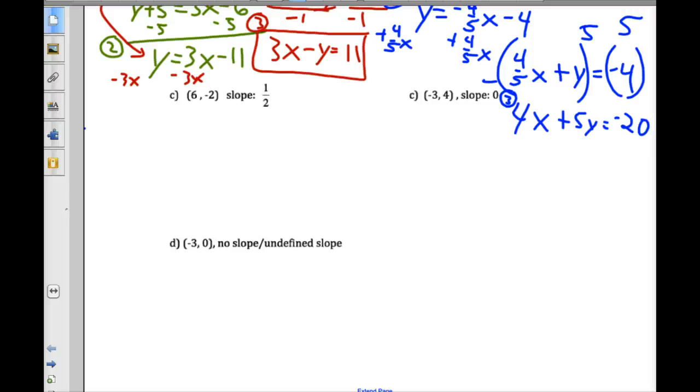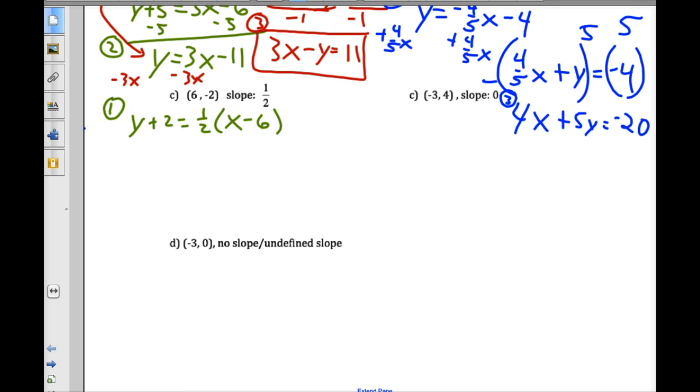Ms. Hopkins, put it into point-slope form. Y plus 2 equals a half times the quantity of x minus 6. Whatever it is. Okay? Everybody try to solve it for y now.